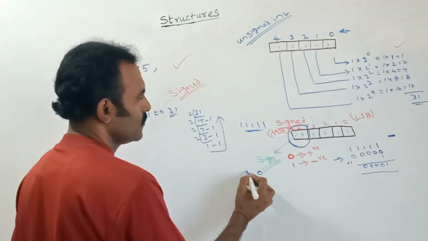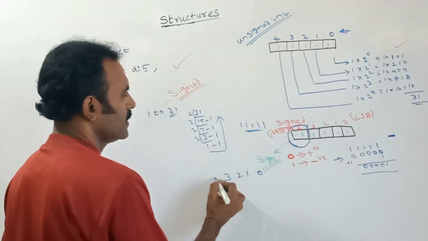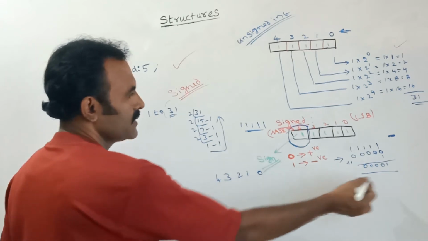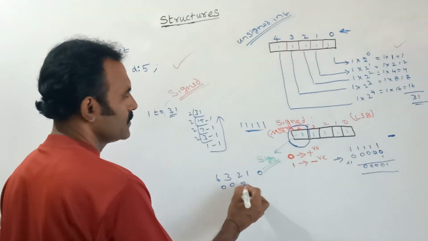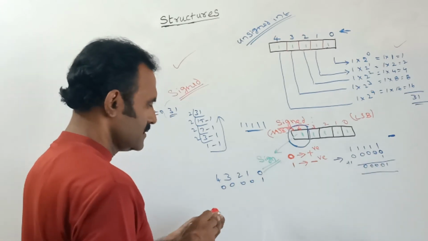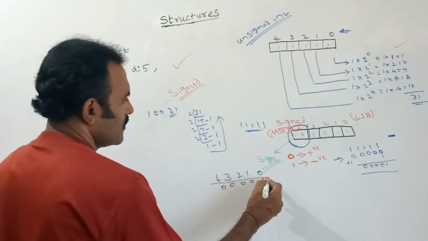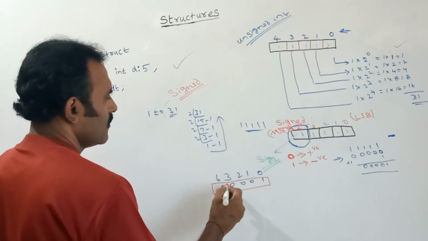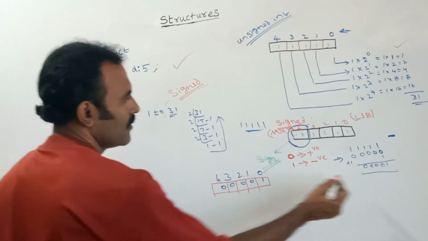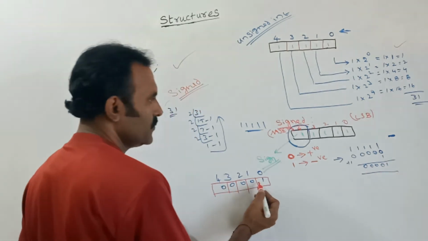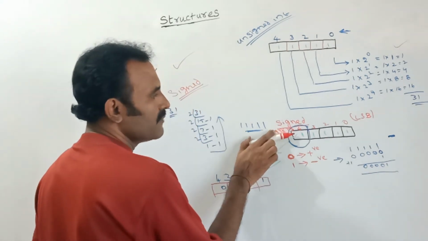Here 0, 1, 2, 3 and 4. Among this you put 0, 0, 0, 0, 1. This is the binary value of this 2's complement value.